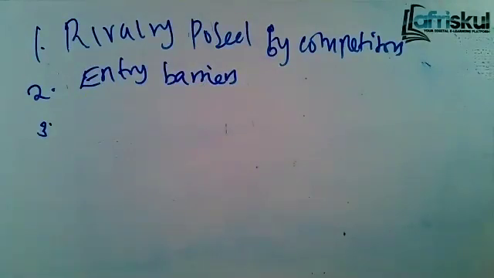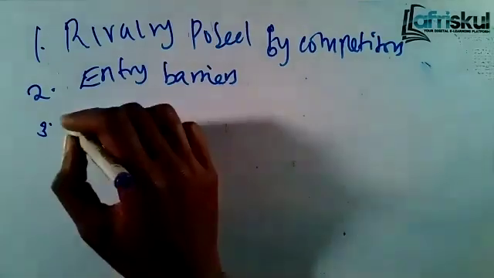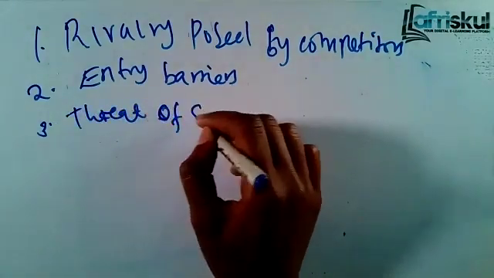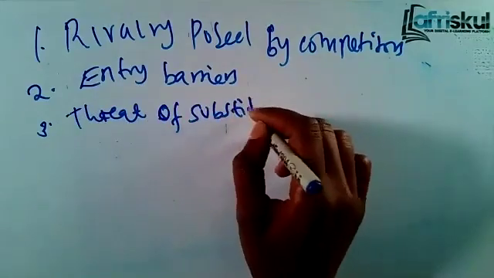Rivalry posed by competitors, we call it a red ocean. It's not attractive. Entry barriers, where there are government regulations that do not allow certain people to do business. Like now, there are some businesses that we do not allow foreigners to do, so that industry would be less attractive. Then threat of substitute products.